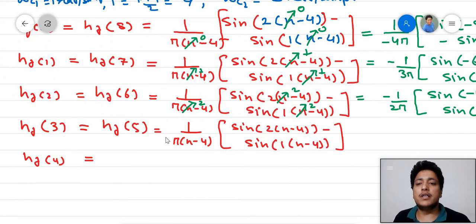Now for h_d(3), this n will be equal to 3. This will also go to 3 and this will also go to 3.